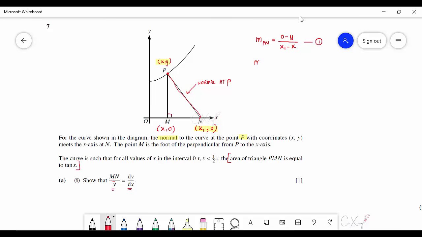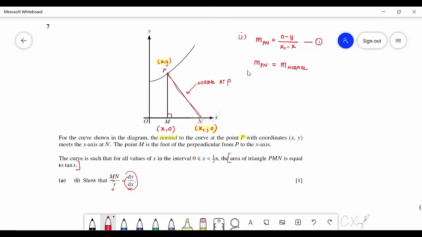And the second thing is I can try to link the gradient of PN, which is also equal to the gradient of the normal. Why do I want to compare it with the gradient of the normal? It is because from the answer given here, they try to link everything with dy over dx.